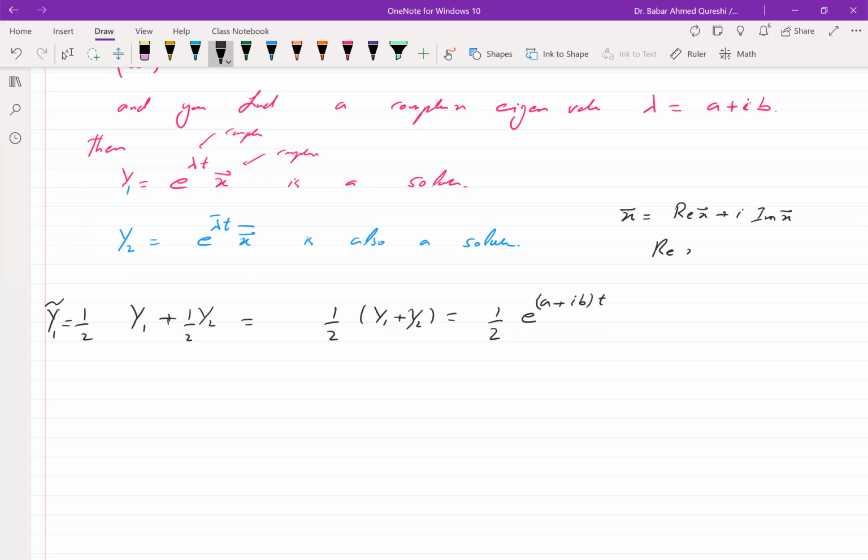If you have x, these entries this time are complex. So you will have real part of x1 plus iota imaginary part of x1, real part of x2 plus iota imaginary part of x2, and so on.